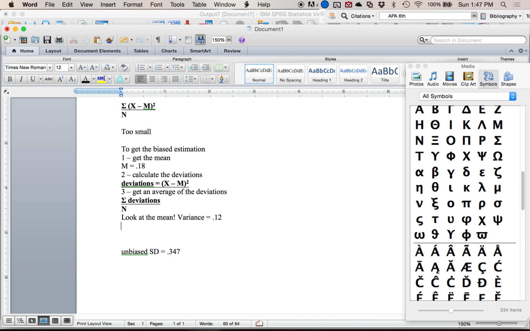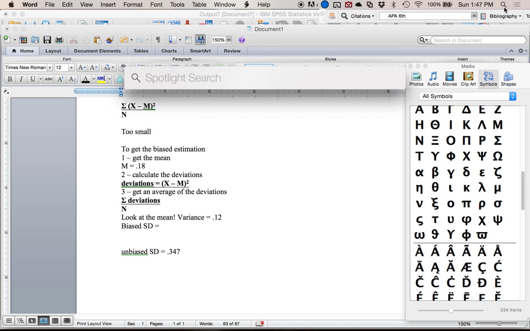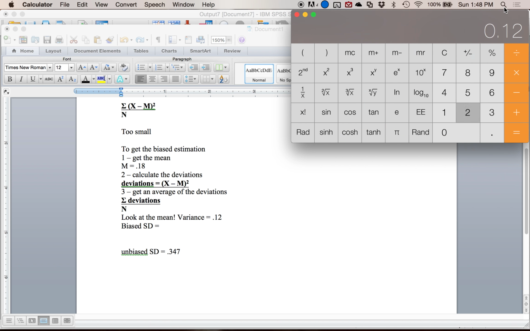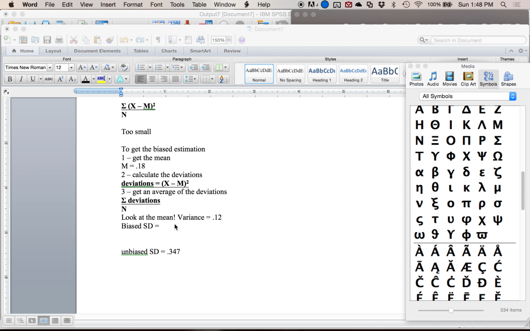If we want to then get the biased estimator of standard deviation, I'm going to take the square root of my variance. I'm going to do the square root of 0.12, which is 0.346.